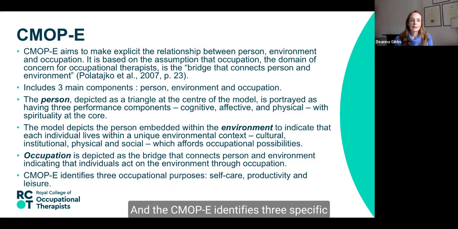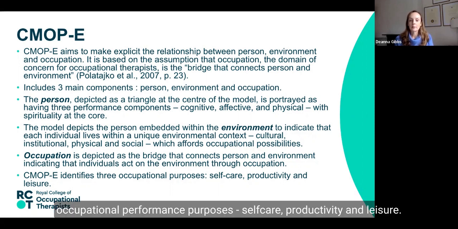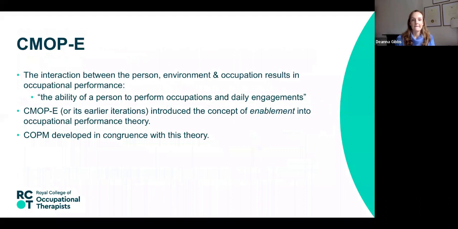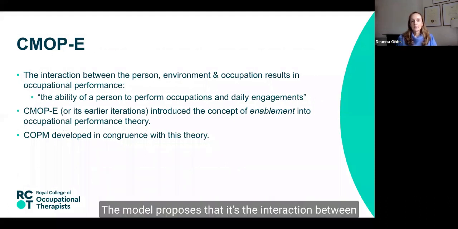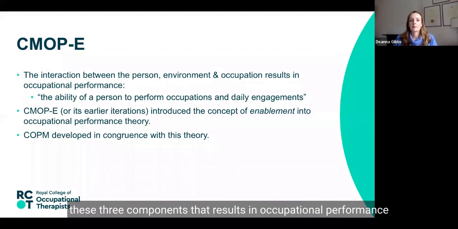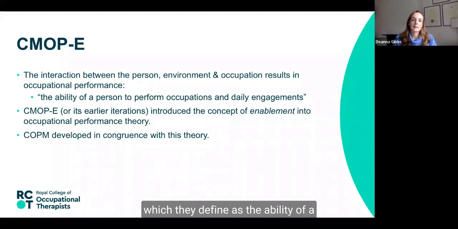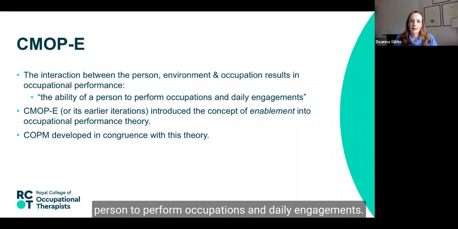And the CMOPE identifies three specific occupational performance purposes: self-care, productivity, and leisure. The model proposes that it's the interaction between these three components that results in occupational performance, which they define as the ability of a person to perform occupations and daily engagements.